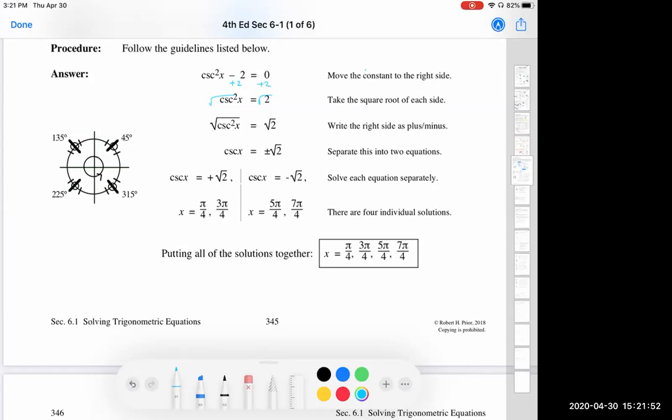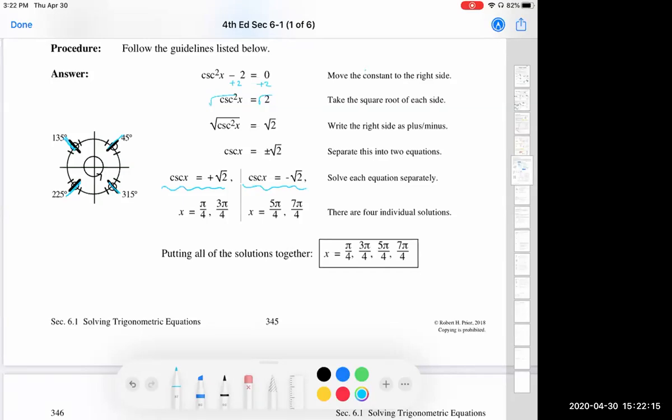So I have two arguments. One is with the plus square root of 2, one's with the minus square root of 2. So I see where cosecant holds true for those arguments. It's true for 45 degrees, 135, 225, and 315. And those would be our answers.